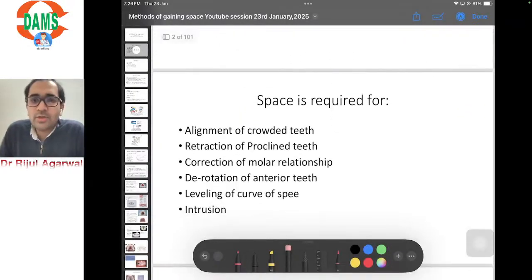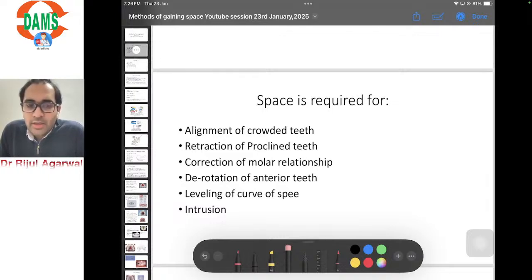First of all, what is the requirement of space in orthodontics? It is required for the alignment of crowded teeth, retraction of proclined teeth, that is forwardly placed teeth. Once they are present, we need to retract them into the space. Correction of molar relationship from class 2 and 3 to class 1 or the desired.